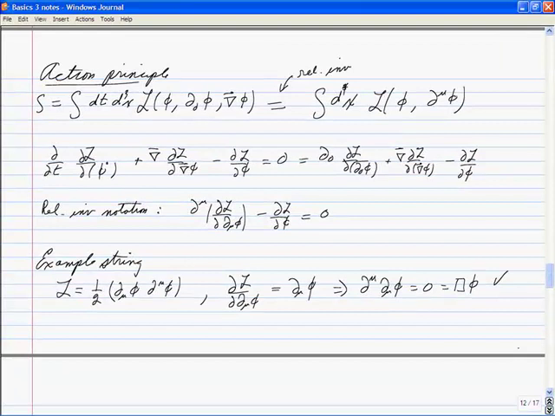Now, people that are new to the notation struggle a lot between uppers and lowers. Just so you know, here there was really one upper, one lower.